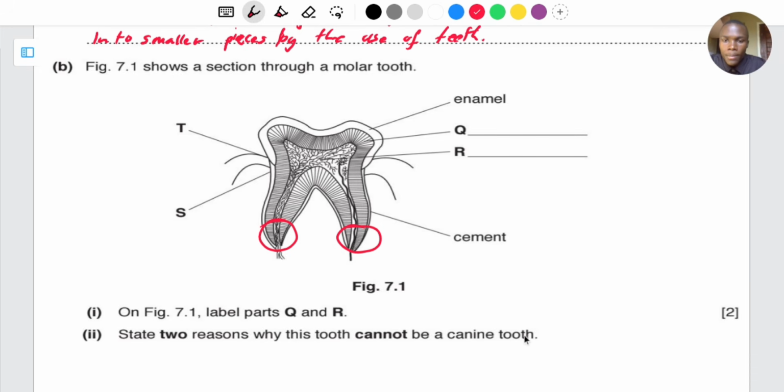The question says on figure 7.1, label parts Q and R. For part Q, this one is the enamel and this one is the pulpy cavity. The part in between the pulpy cavity and the enamel, the enamel being the hardest part of the tooth and the outer part, is called the dentin.